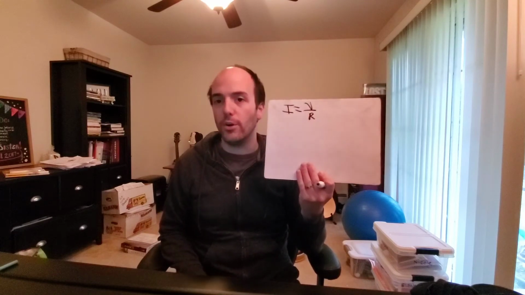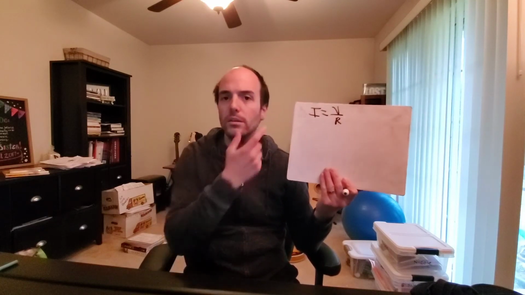Okay, so I'm going to use this version of Ohm's law, I equals V over R. We've used it before as V equals IR, or R equals V over I. But I'm going to use I equals V over R simply because I know that the I's all add up, so I'm not going to end up with just 1 equals 1 equals 1 equals 1. So I'm going to rewrite the current formula, but with V's and R's. Okay, so it's V total over R total equals V1 over R1 plus V2 over R2 plus V3 over R3 plus dot dot dot, however many you've got.